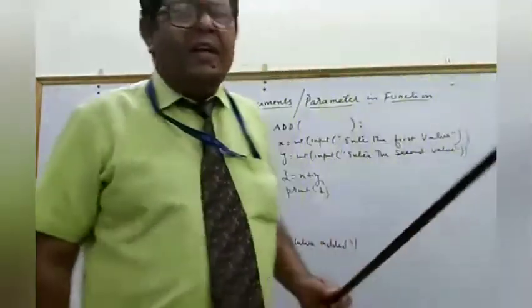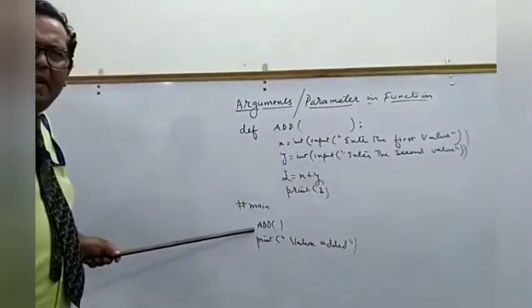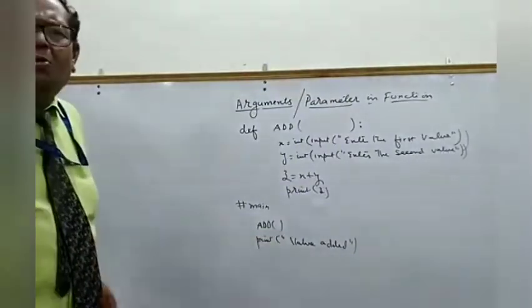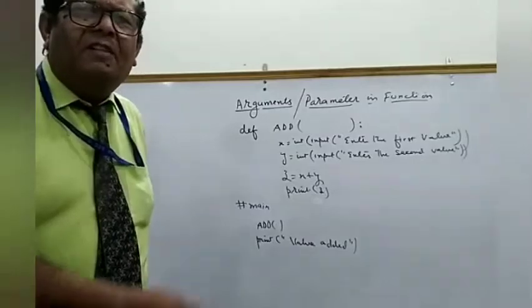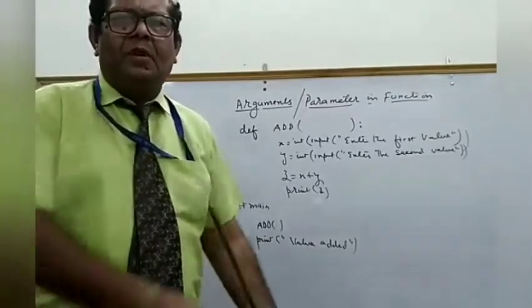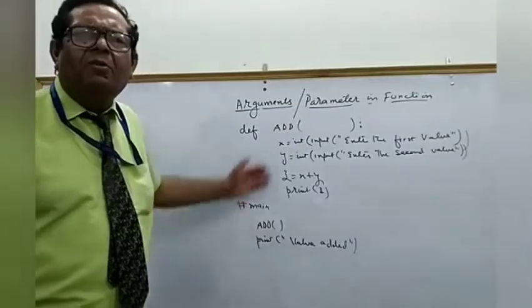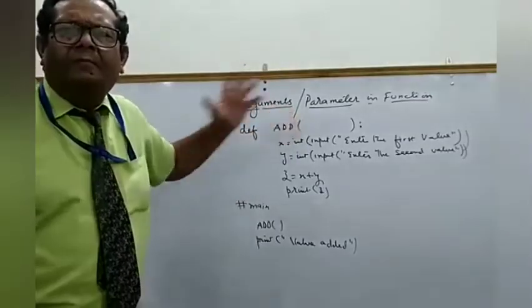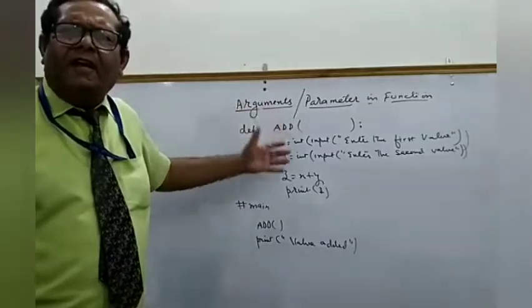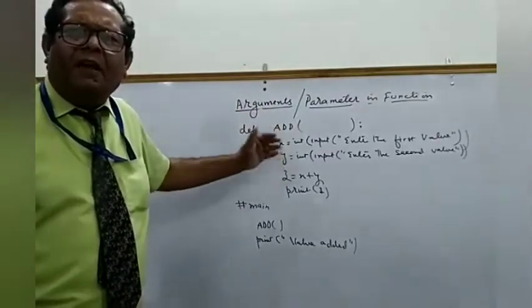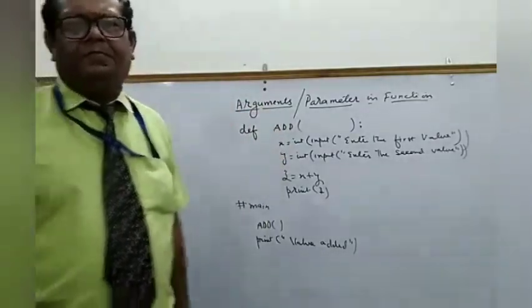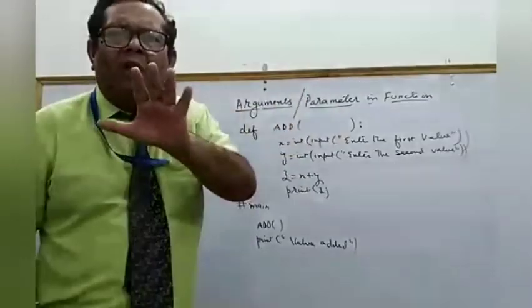So when the function add is called by main, main is not going to supply the values which add should add. The function main is not passing the values to be added. Rather, the function add will take the values by itself, add them and supply the result. So this is the case of a non-argumented function.